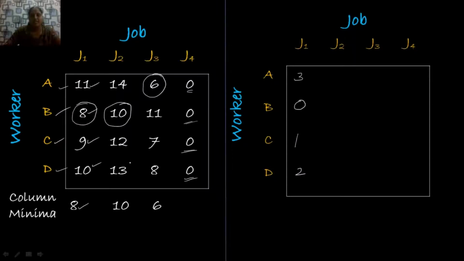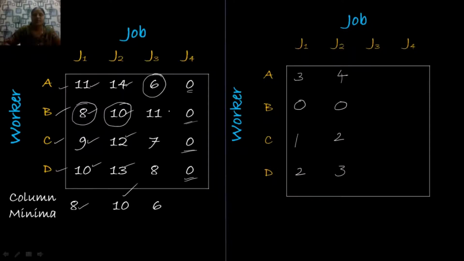And for the second column, we have to subtract 10 from the second column elements. So 14 minus 10, 4, 10 minus 10, 0, 12 minus 10, 2, 13 minus 10, 3.